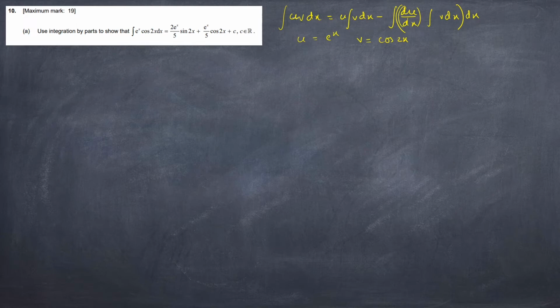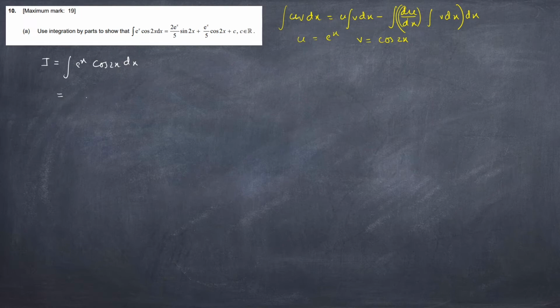Let us consider I. So I is equal to integration e to the power x cos 2x dx. So first step, this step is very important. We have considered u is equal to e to the power x and v is equal to cos 2x.